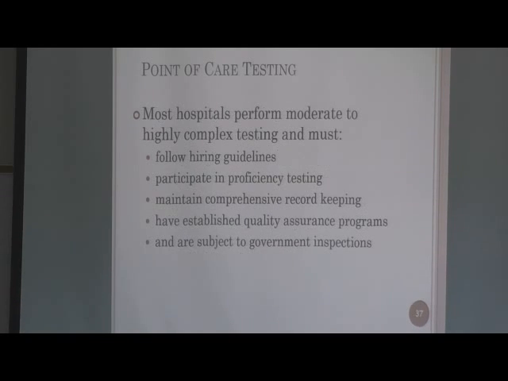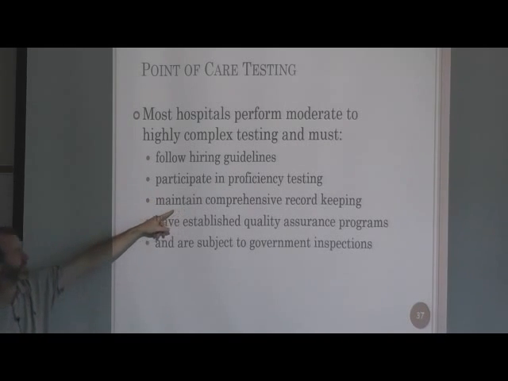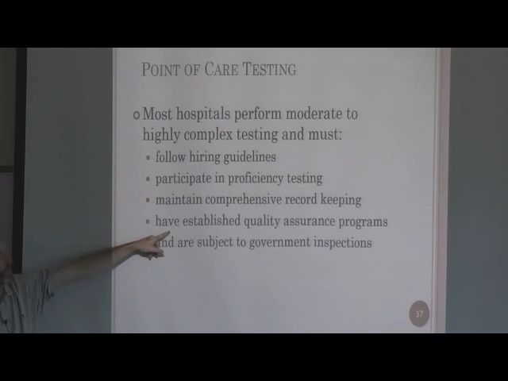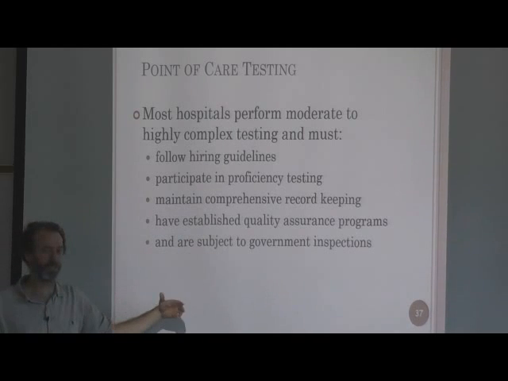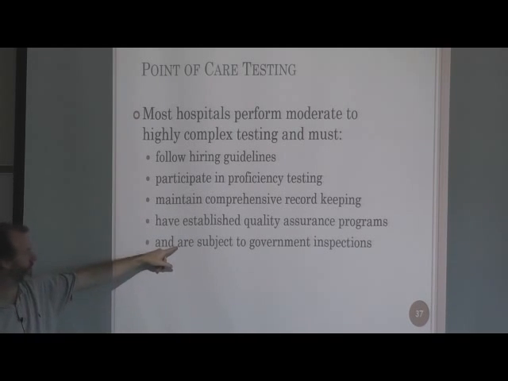Most hospitals perform moderate to highly complex testing and must have hiring guidelines, participate in proficiency testing, and maintain comprehensive record keeping. They have established quality assurance programs, so you ensure that you're going to get good results, and are subject to government inspections also.